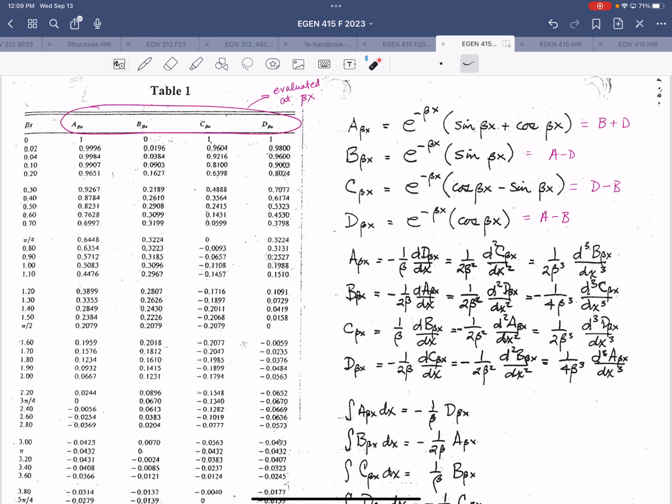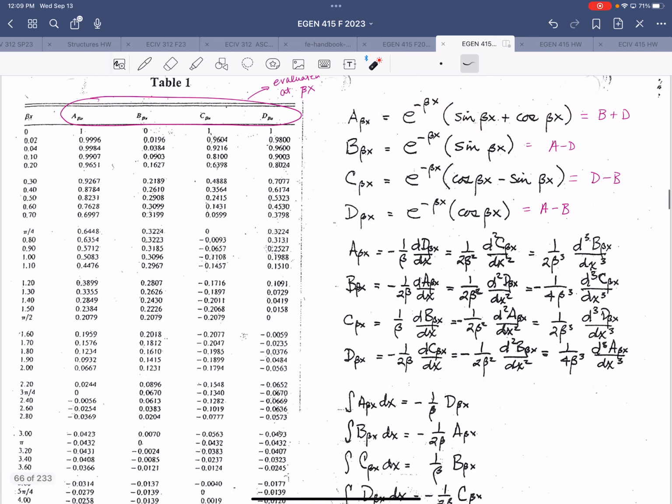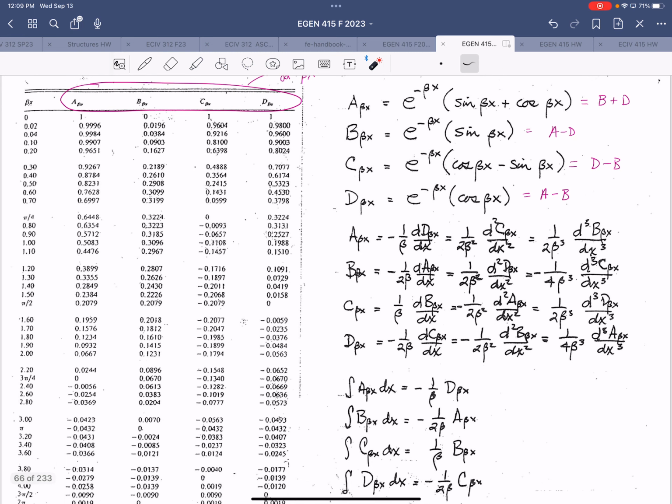So the product of beta times x is what you plug in to evaluate these expressions. And one convenient way to do this is to just evaluate that product, look it up in the table, and then find the result that you're looking for in terms of one or more of these expressions, right?